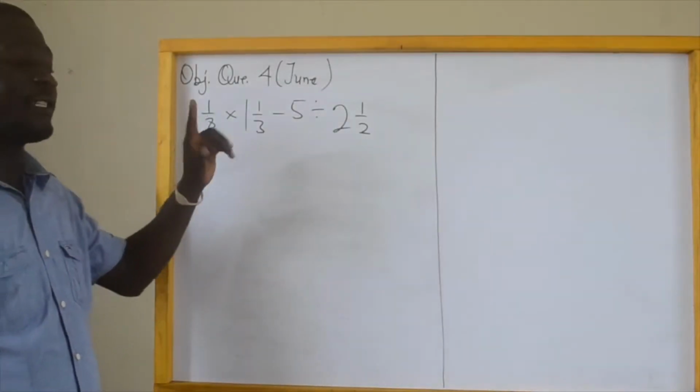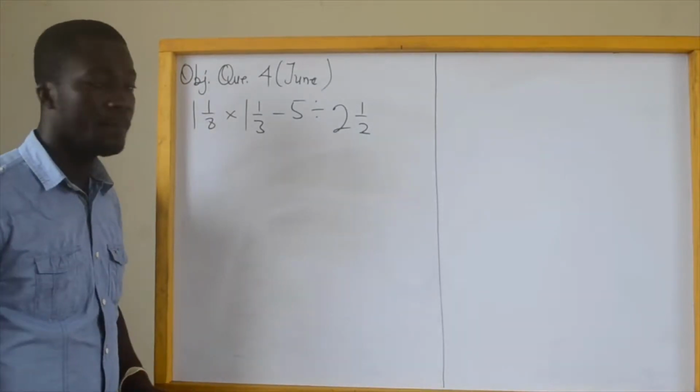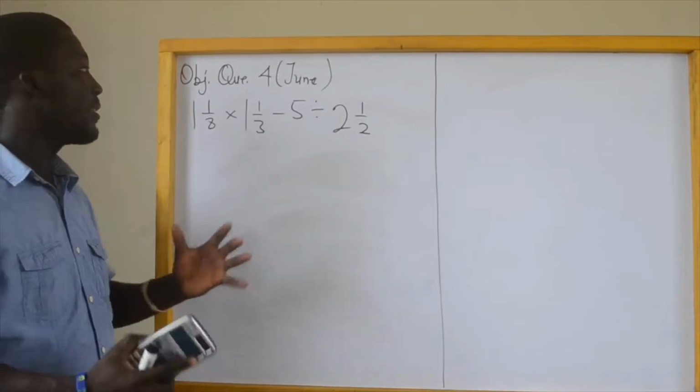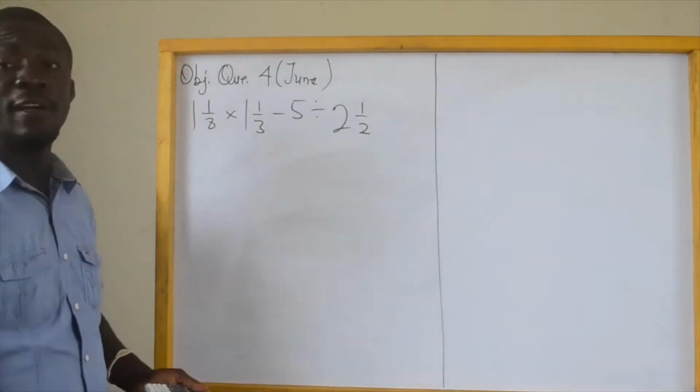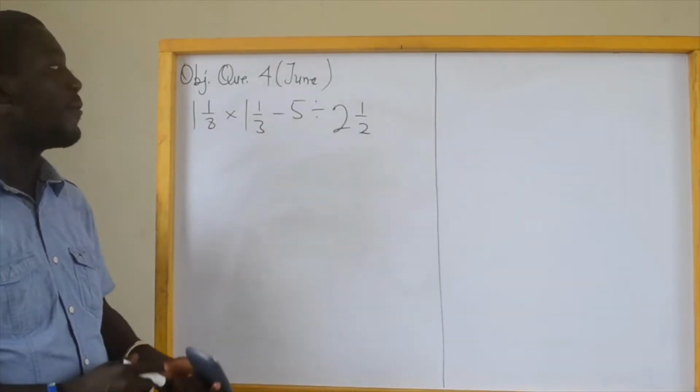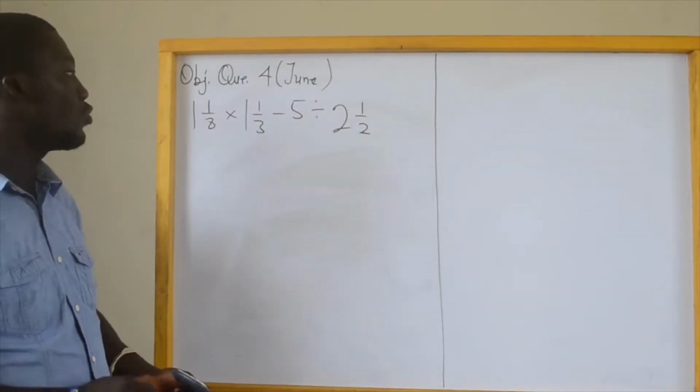Solution to objective question 4, June. We have to simplify 1 1/8 times 1 1/3 minus 5 divided by 2 1/2.